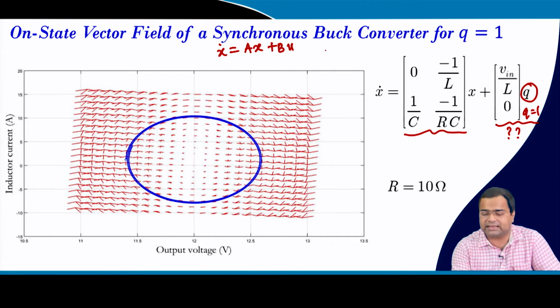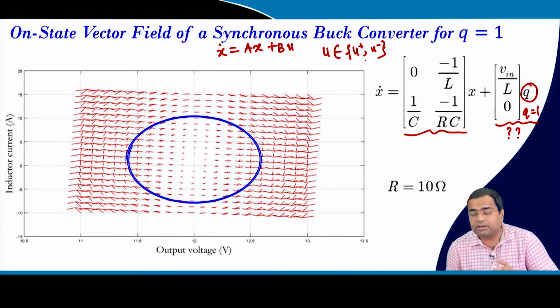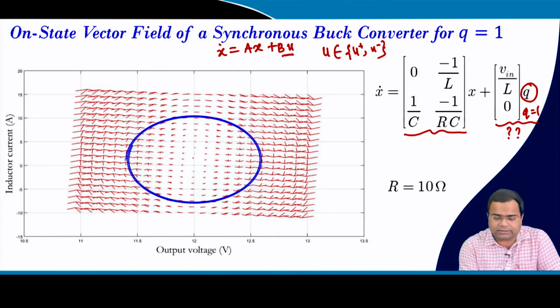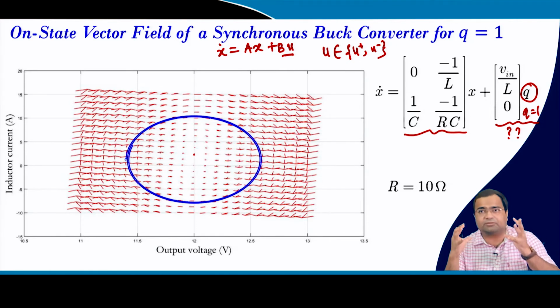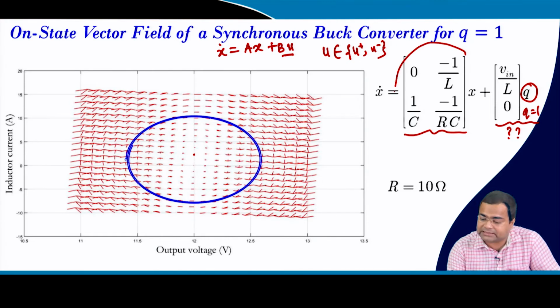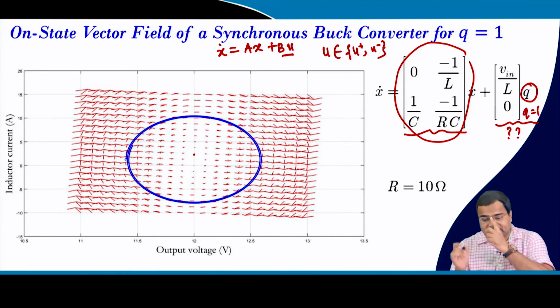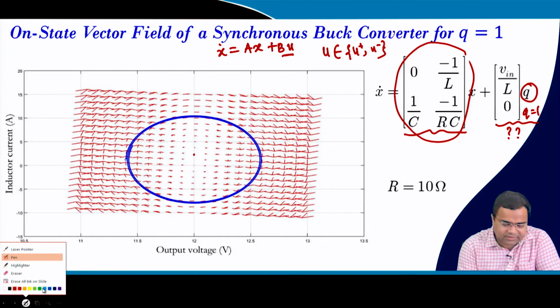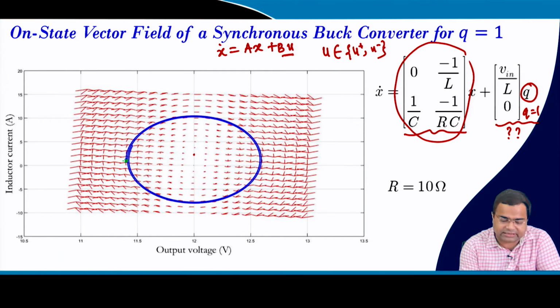Here u can take either u plus or u minus, two discontinuous inputs. The discontinuous term will only shift this operating point, but the nature of the vector field will be decided by the A matrix. So in this case, it is very clear that if we take this initial condition, you can see it is going in the clockwise direction.